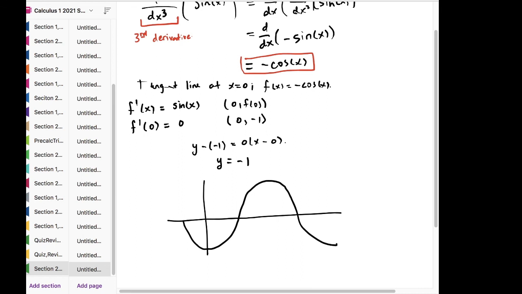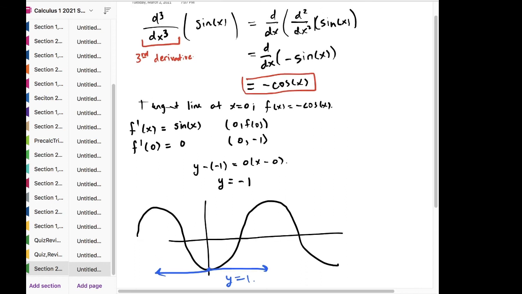So you're at a valley point. So maybe you can see where I'm going. Let's take the next derivative.